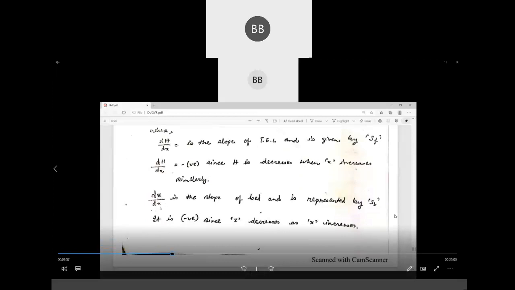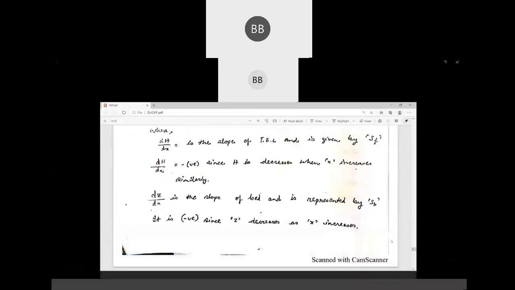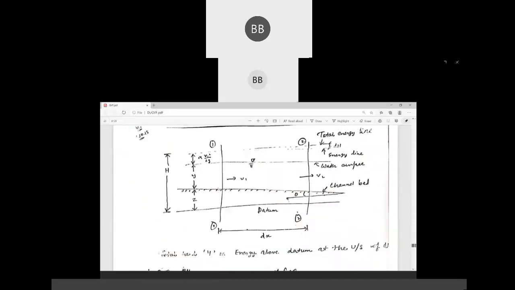So again, that dz by dx is also negative since z decreases as x increases. Definitely, if you see in this diagram, your datum head z here is more than the datum head z here. Okay, the datum line is a straight line, a reference line, and here the bed level is at a higher elevation.